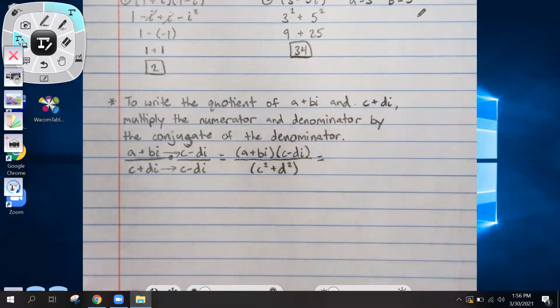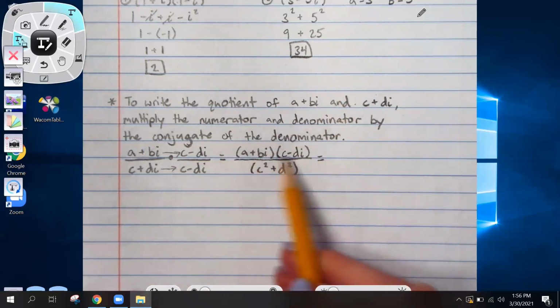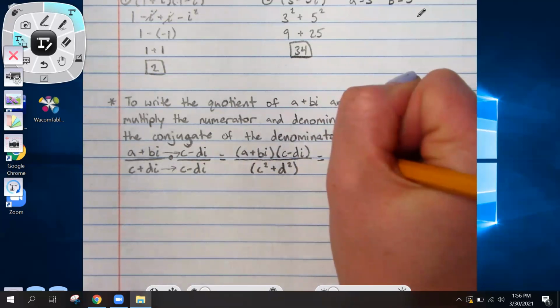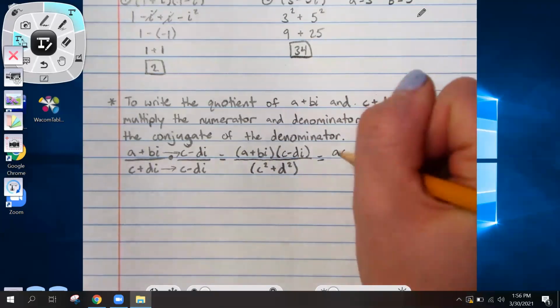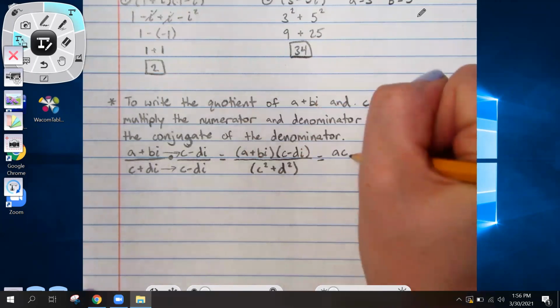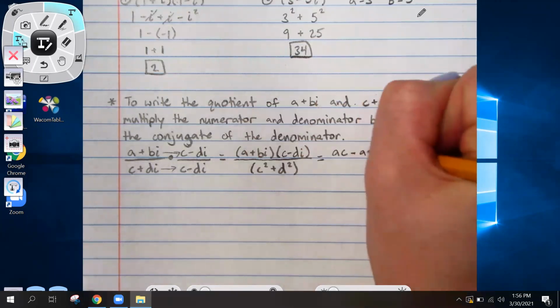So if we were to go ahead and use FOIL in the numerator, a times c is just ac. Since we don't know what those numbers are, we can't actually multiply them together. The outsides, a times negative di, would be negative adi.